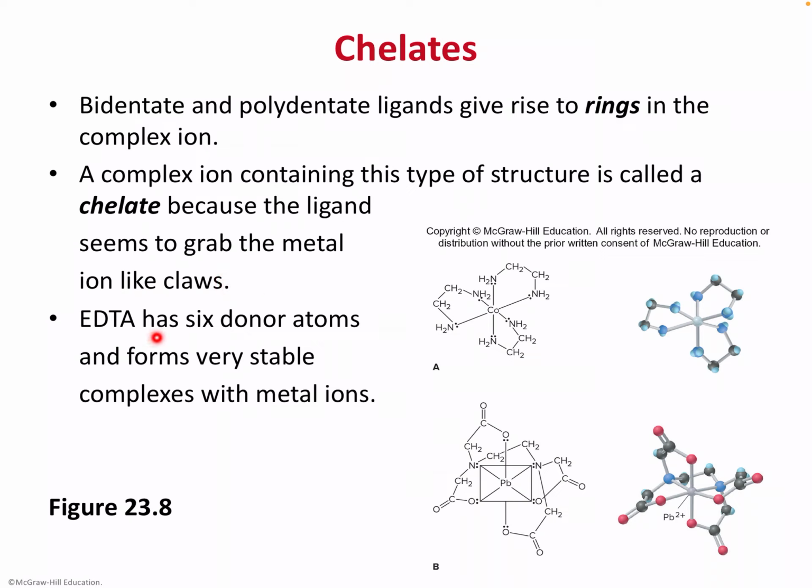So EDTA, ethylene diamine tetraacetic acid, has 6 donor atoms and forms very stable complexes with metal ions. This is EDTA. This is the kind of complex that EDTA forms with calcium, magnesium when we were doing our water hardness experiment.